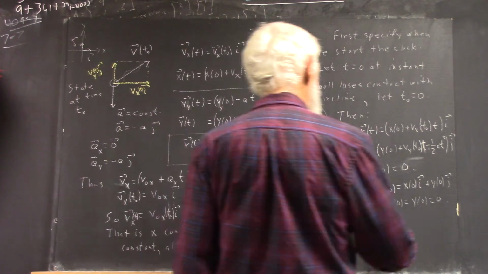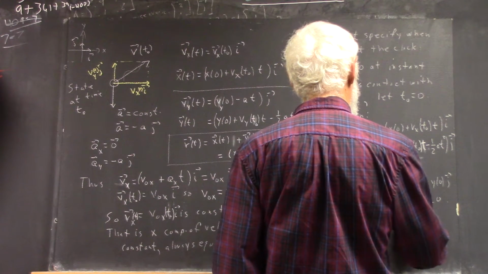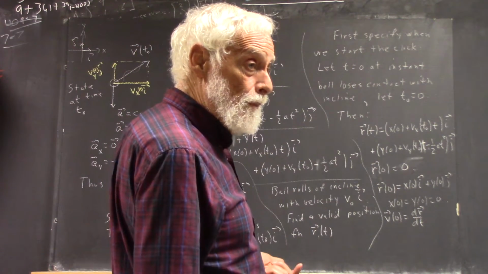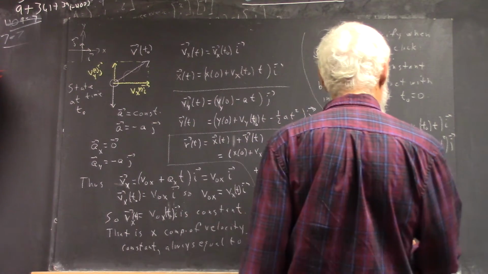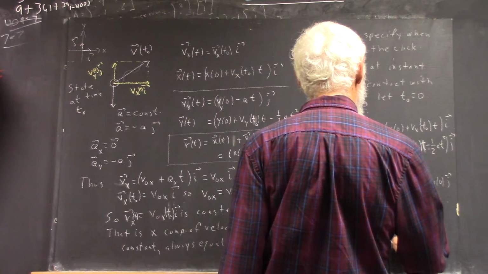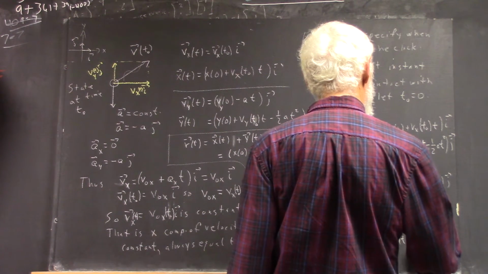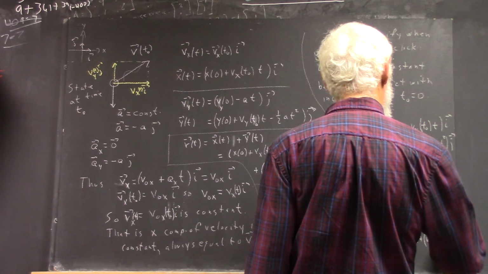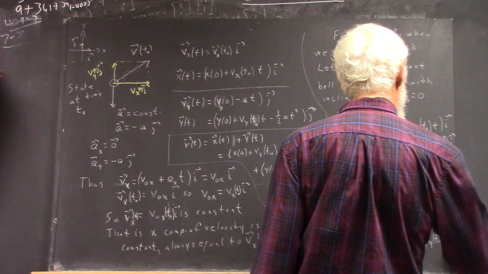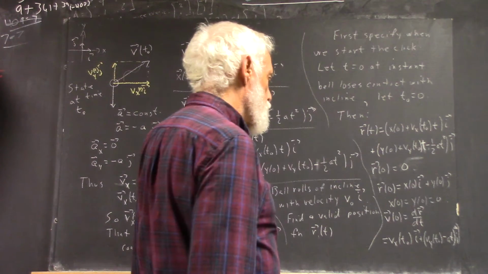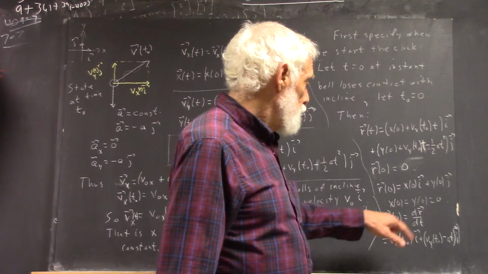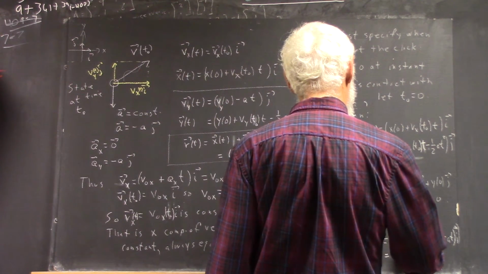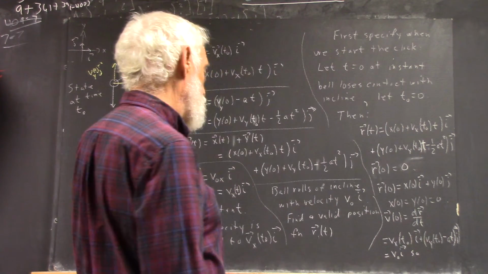So, dr/dt at 0, a simple derivative, has to equal v naught i.